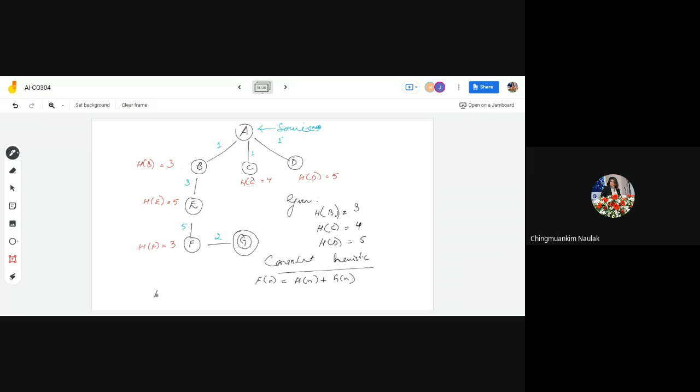So now for f of B, the heuristic value of B is 3, and the path cost is A to B. Till now we are not considering the rest of the nodes. We are dealing with only this level, okay? So right now for B it would be B, for C it would be C, and for D it would be D.